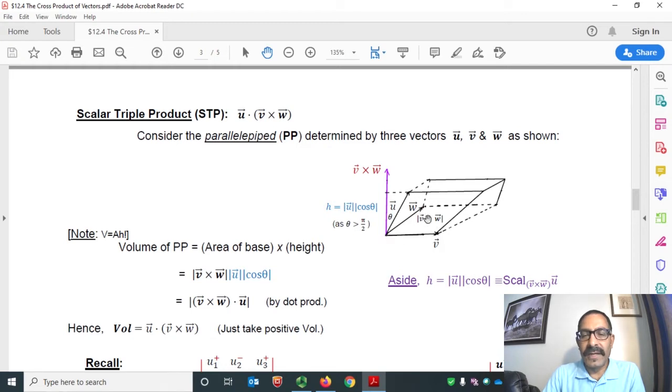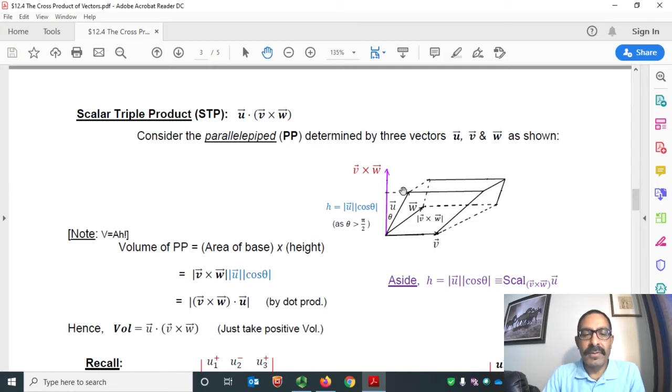Cross these two vectors v and w. This v cross w is the vector orthogonal to both w and v, and the magnitude of this cross product turns out to be the area of this base, this parallelogram. And we have another vector u.